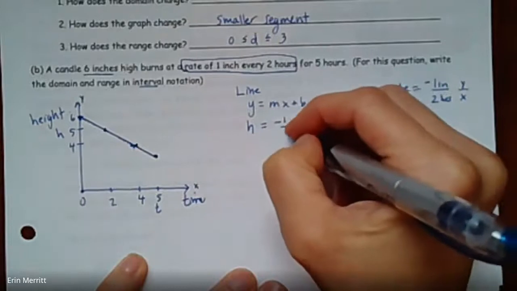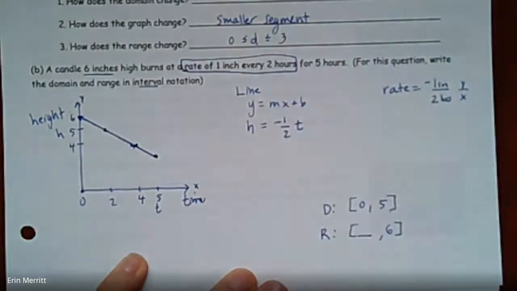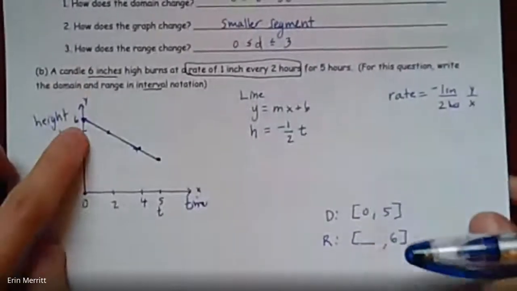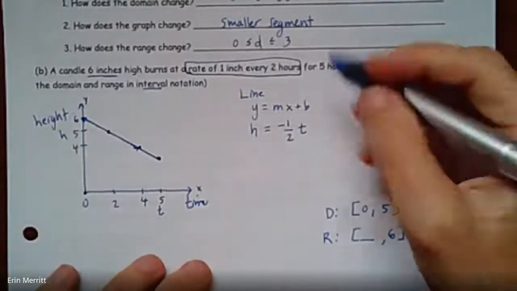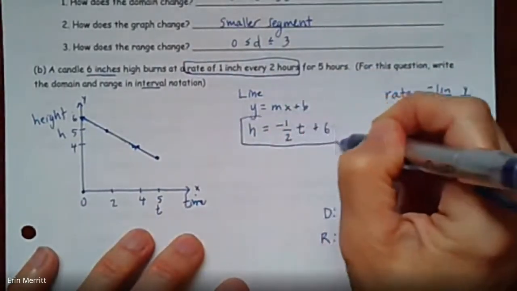So negative 1/2 is what would make sense here, times every hour. And then you also have to consider, where is it starting? Oh, there's Teddy. So back here, it started at 0. So we were plugging in a 0. Here, it's starting at a height of 6, right? So that's your y-intercept there. So then plus 6. So that's the equation.